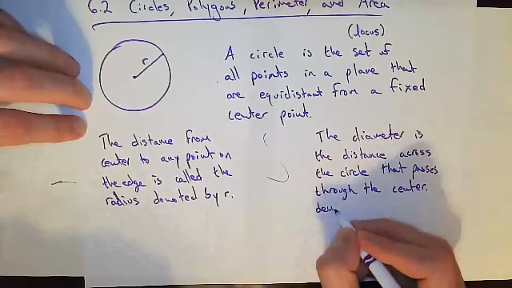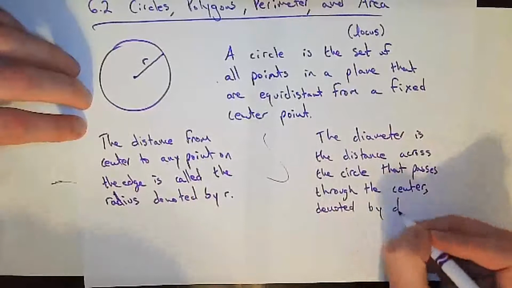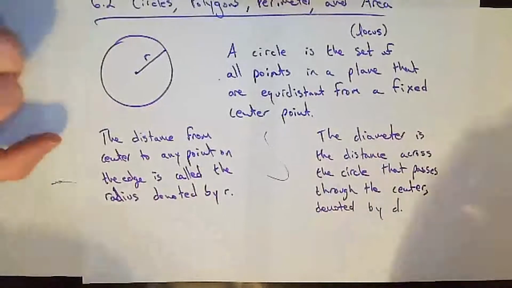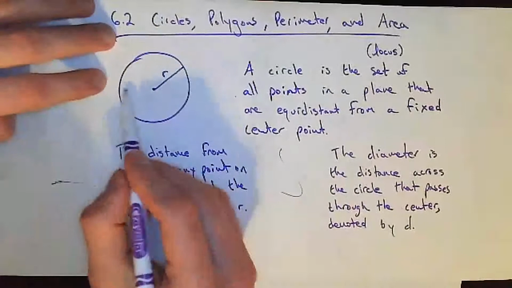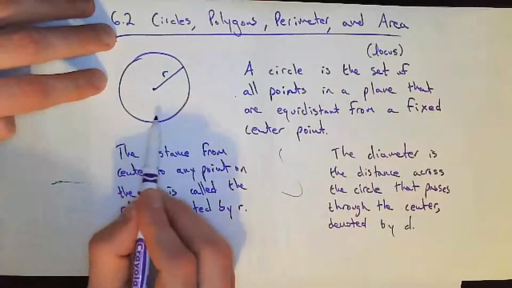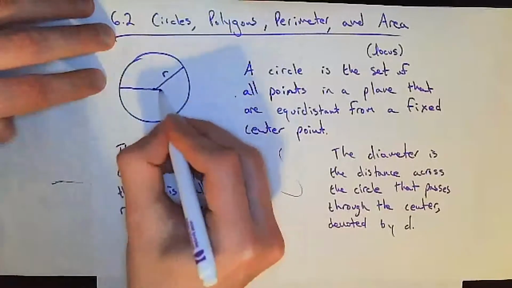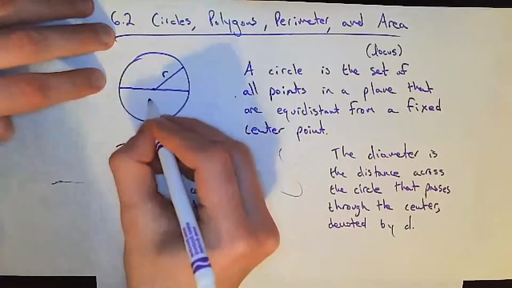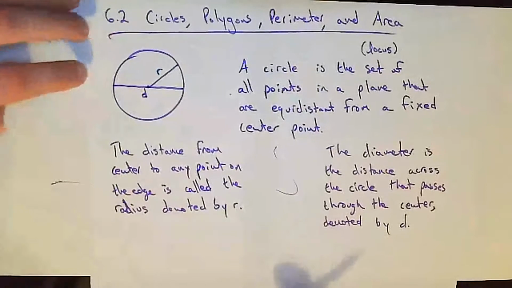Denoted by d, lowercase d there. So the distance across the circle from any point on the edge to any other point, but it has to pass through the center. I can't say the diameter is down here from this point to this point, right? It has to pass through the center like that. So this distance all the way across is called d for diameter.